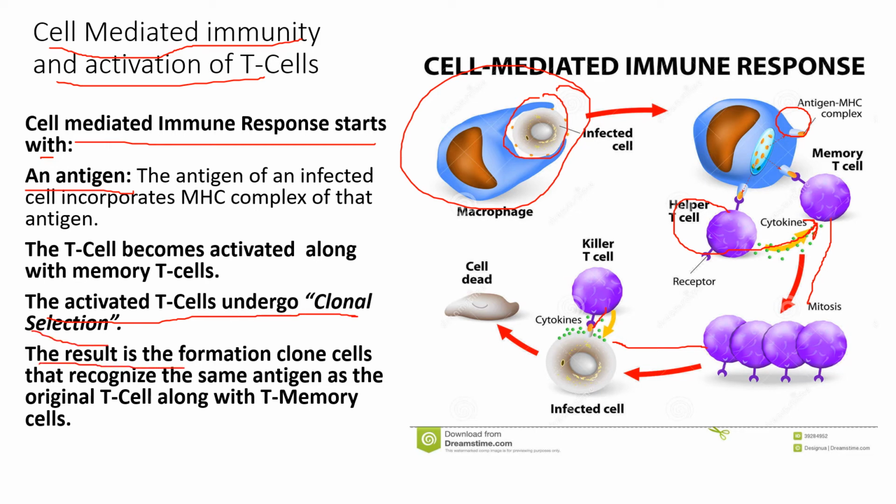This results in the formation of clone cells that recognize the same antigen as the original T cell, along with the T memory cells. So now you're going to have a whole bunch of these clones that are all programmed to go after this. But then you'll have memory cells stored in your body that can become active again the next time you're infected.